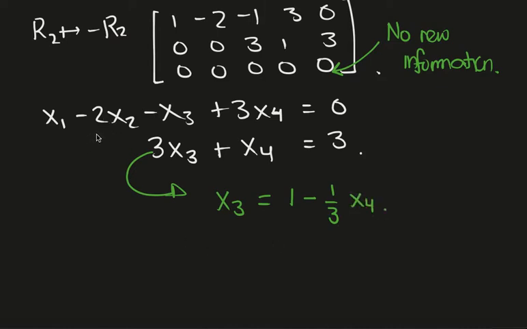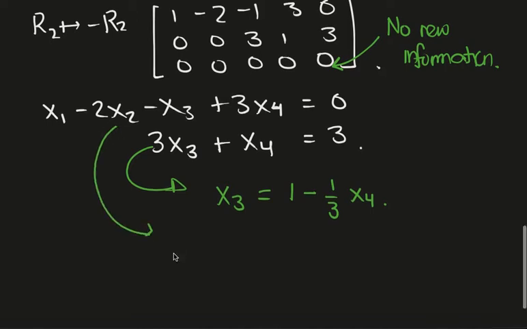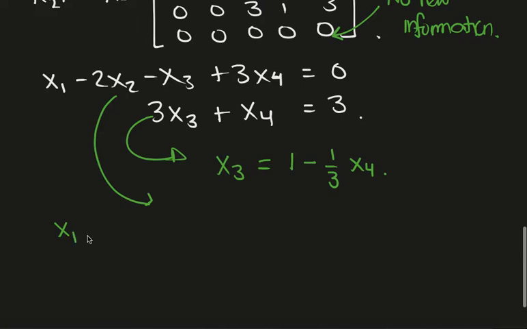From the first one, there's no condition on x2. Well, let's actually write x1 as 2x2 plus x3 minus 3 of x4.